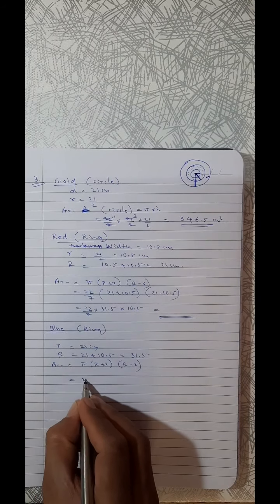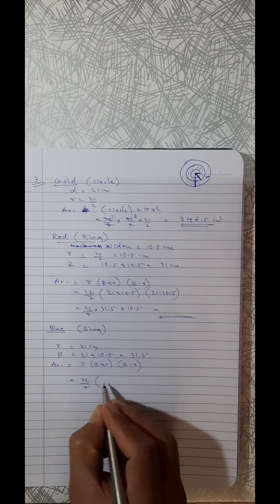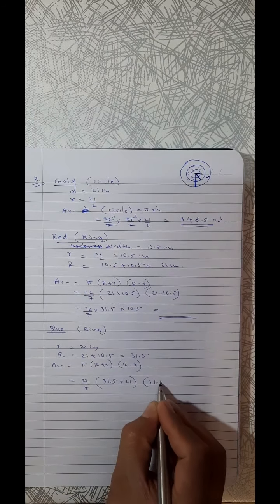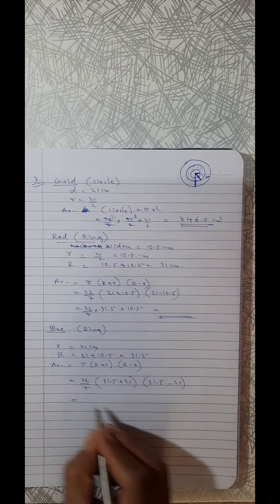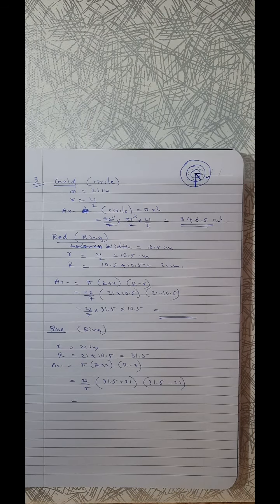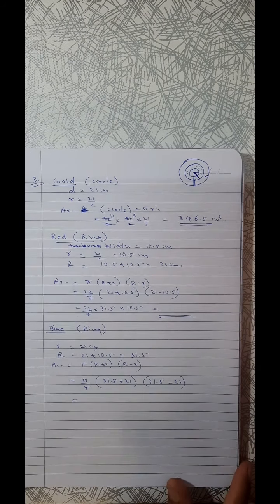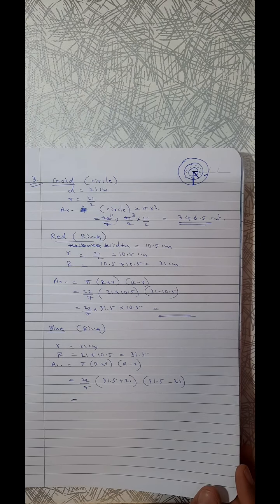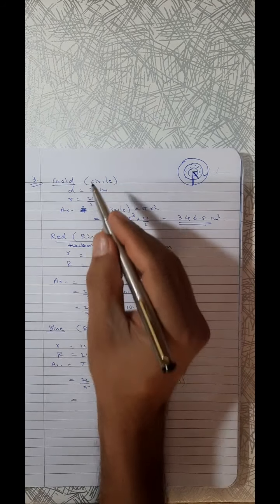Again do the calculation. 22 by 7 into 31.5 plus 21, 31.5 minus 21. If you do the calculation, you get the answer. After blue, again we have black and then white. Procedure is exactly the same. I hope it is clear. Innermost part means a circle.